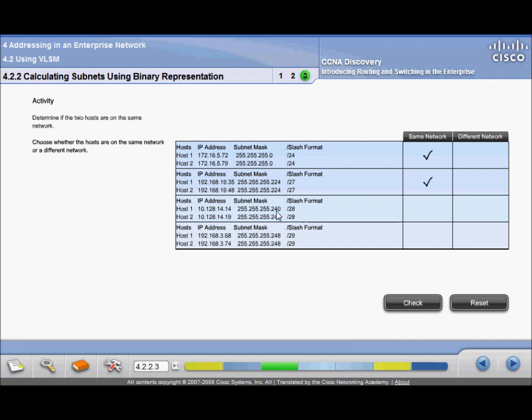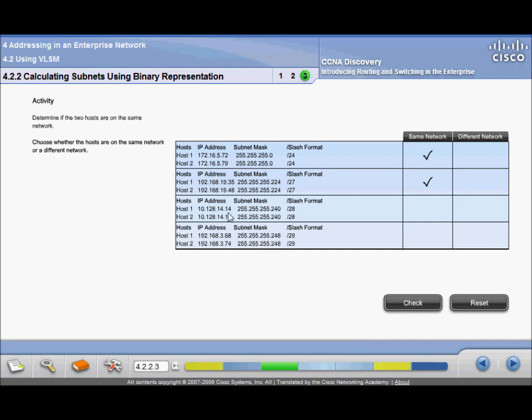And here, let's look at it again, use our little formula. 256 minus 240 is 16. That means that this subnet has increments of 16.